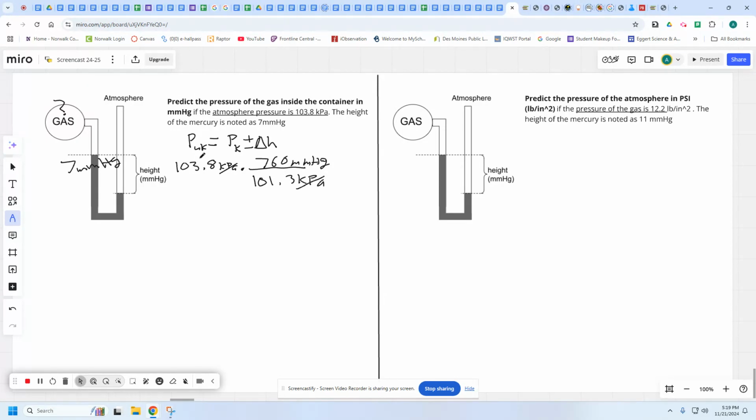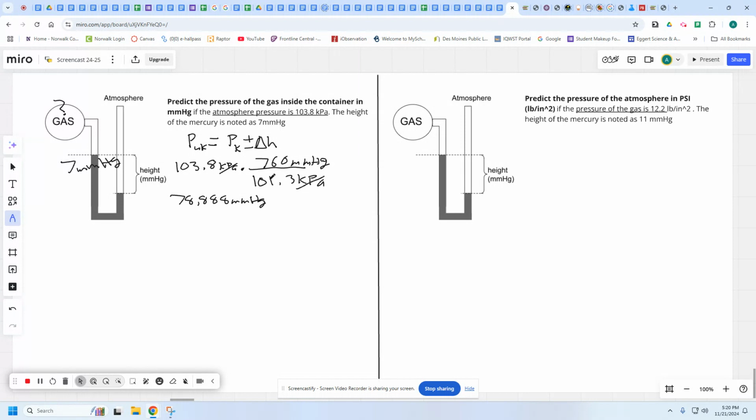So make sure you multiply the 103.8 times the 760 across the top. Do not take the 103.8 times the bottom denominator. So if you take 103.8 times 760, you should get approximately 78,888 millimeters of mercury.